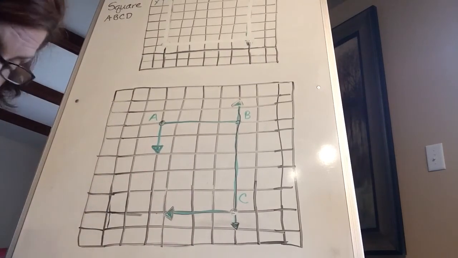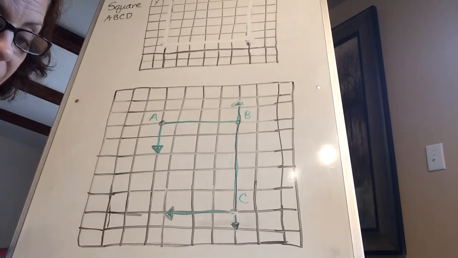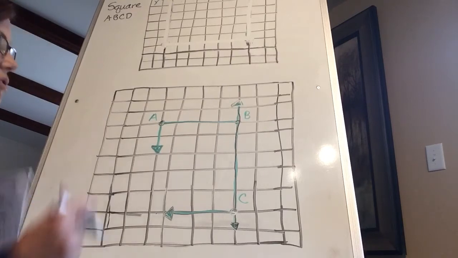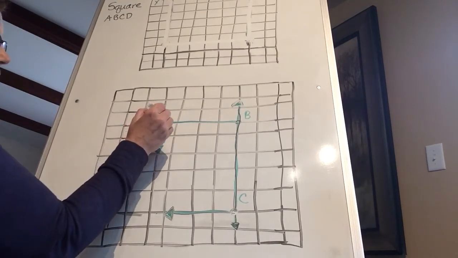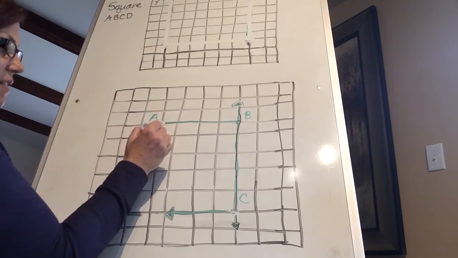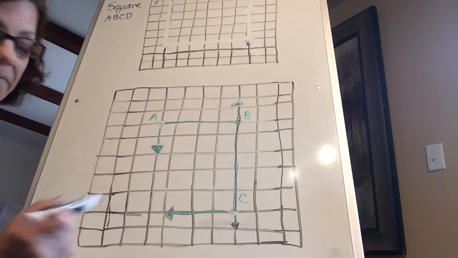And then the last thing they asked you to create was a ray with an endpoint at A that extends downward. So you needed to go to point A. It's a ray, so it's going to have an endpoint, and then it's going to have a continuous arrow, and it needed to be going down.